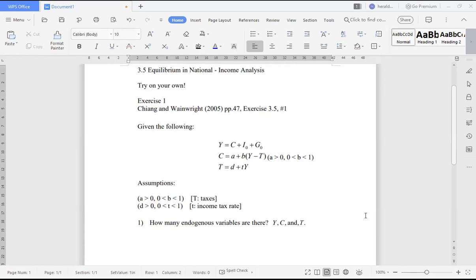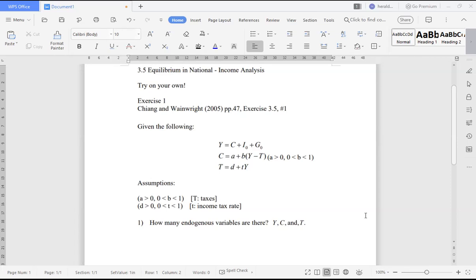Small letter t is the coefficient on Y, and that is our income tax rate. So if Y star goes up by 1 peso, how much would our taxes go up by?